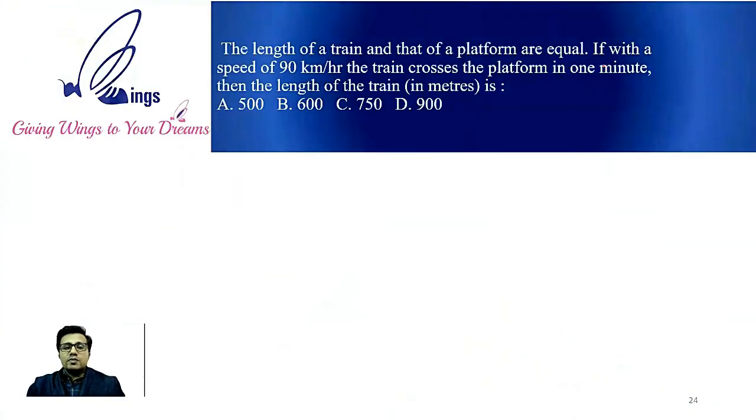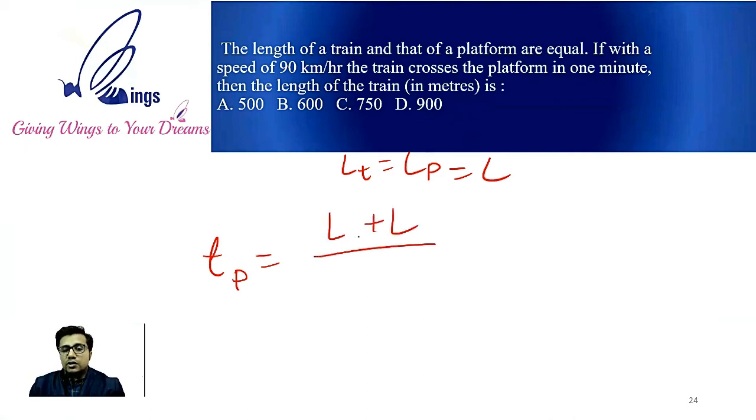Let's try to solve some problems based on this. Train and platform lengths are equal. If with a speed of 90 km per hour, the train crosses the platform in 1 minute, then the length of the train is? Time taken by train to cross the platform is length of train plus length of platform, because both are equal, taken as L, so 2L, divided by speed of train.